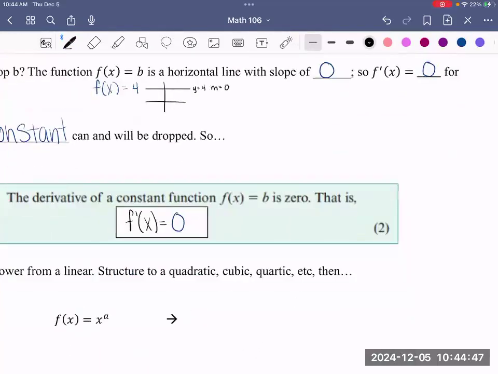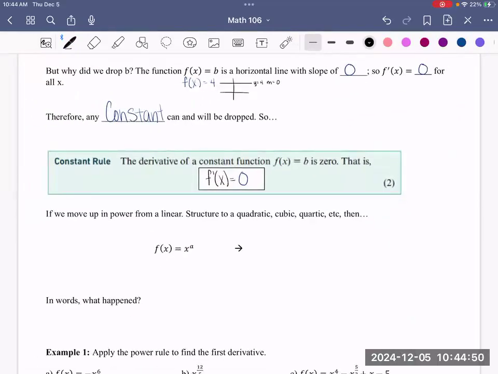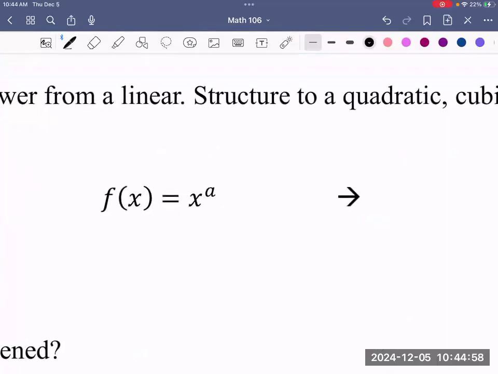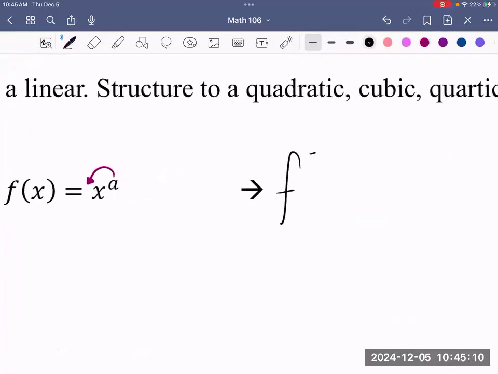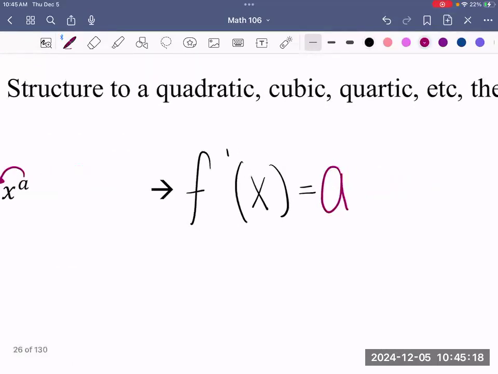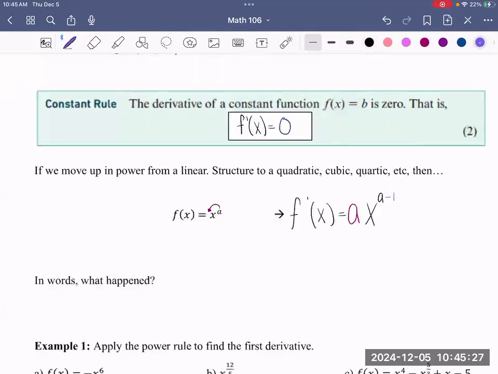So if we move up in the power rule from linear to quadratic, cubic, quartic, and so forth, it just says that whatever your exponent is, we're going to drop that exponent first. So your f prime of x, your first derivative, is equal to the a that you've dropped times x, and you take that initial a and subtract 1, just like you did up here.